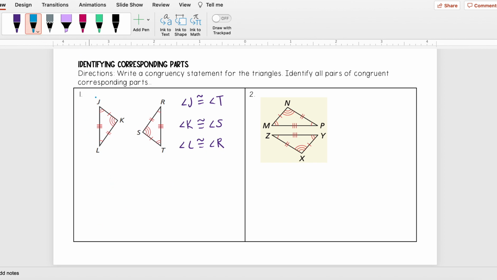Okay, now let's go to the sides that are congruent. So first I see JK. That one has 1 tick mark, and the other one that has 1 tick mark is TS.